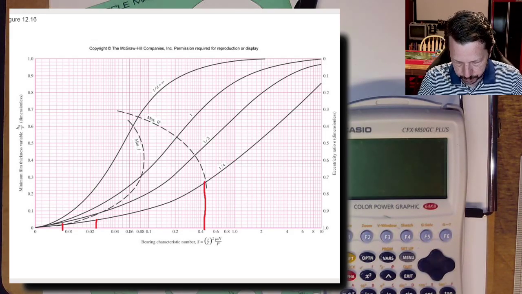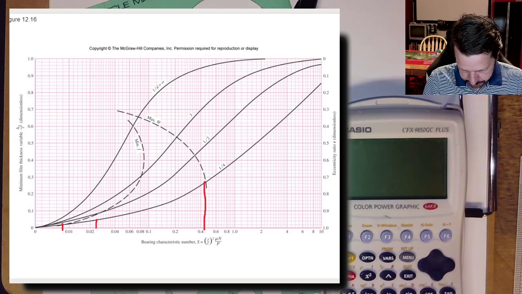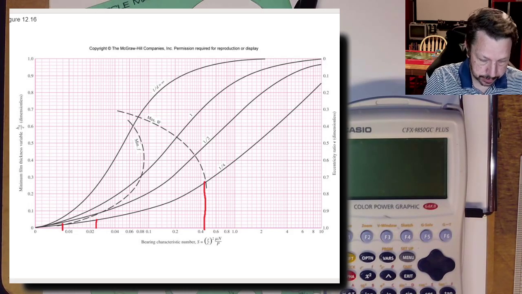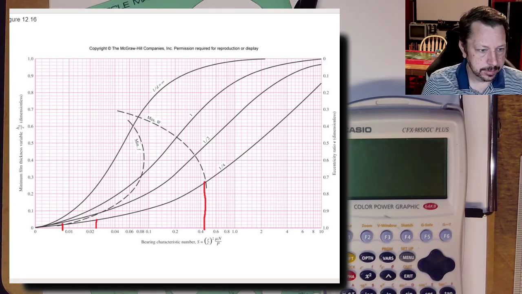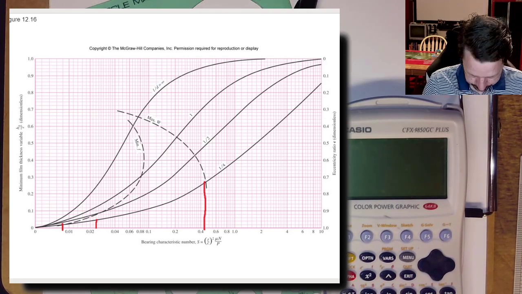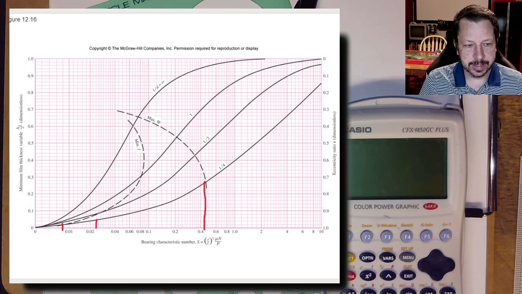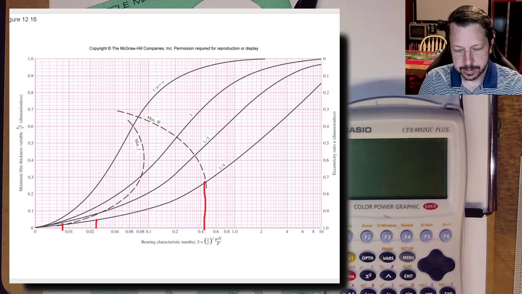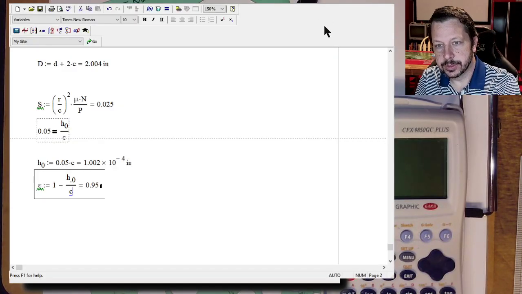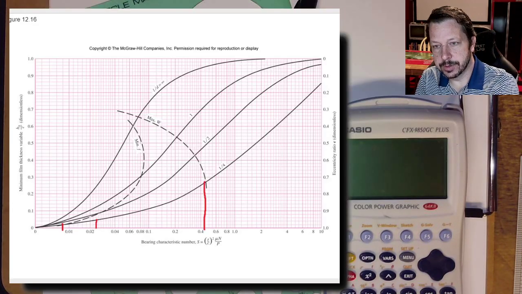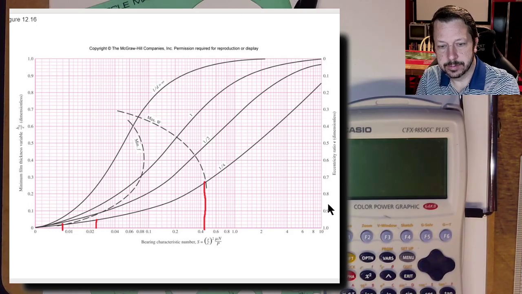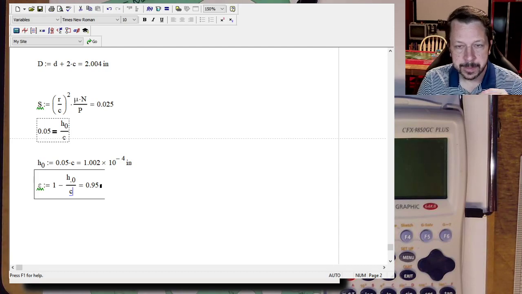So it is 1 minus H naught over C. So it's really just the other side of your clearance. So this is 0.95, the same number that we would read on the chart. So 0.95, or you can just go to the chart and read 0.95 over here. All right, whichever we want to do.